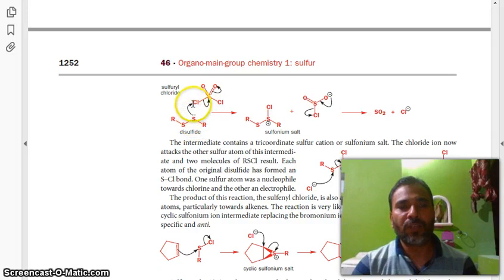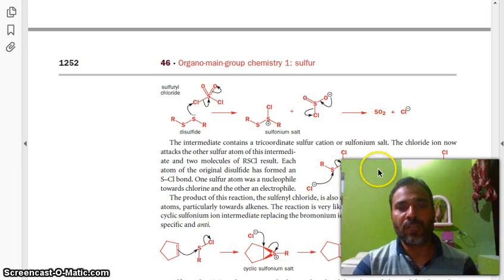Here the lone pair of electrons approaches this chlorine, the sulfur chlorine bond will break and this bond will shift here, and meanwhile sulfur double bond oxygen becomes single bond. So sulfonium salt formation. You see sulfur attached with carbon and chlorine. Sulfonium salt, and you look here, again it is rearranging, forming sulfur dioxide and chloride.